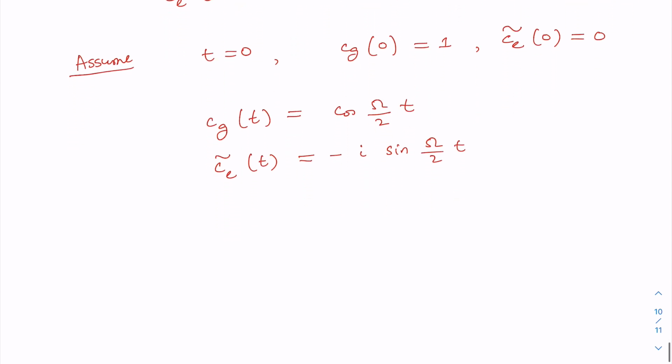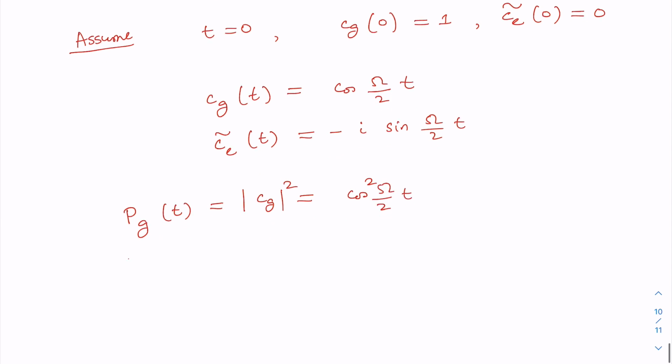The ground and the excited state populations will therefore be given by the probabilities. So Pg(t) is equal to mod of Cg squared, which is equal to cos squared(Ωt/2). On the other hand, the population in the excited state would be given by mod C̃e squared, and that would be sin squared(Ωt/2).